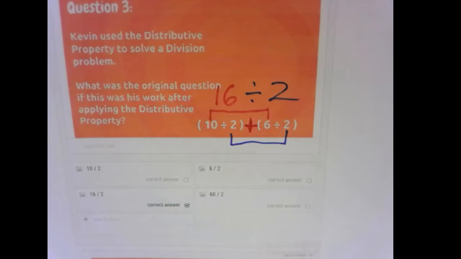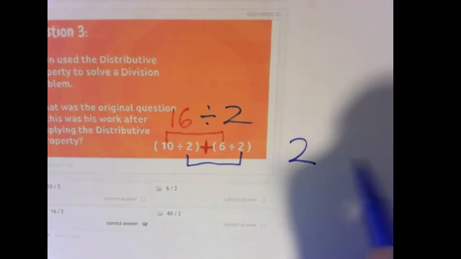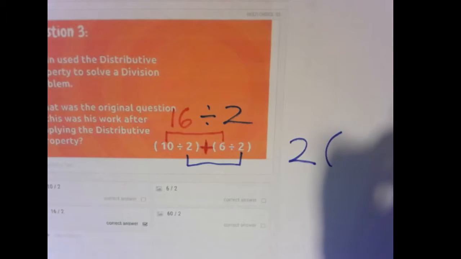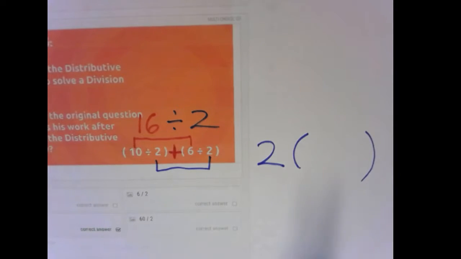Another way this can be seen would be the 2. The 2 is in blue. If we did 2 times 6 and 10, this would be another way to see it using multiplication.